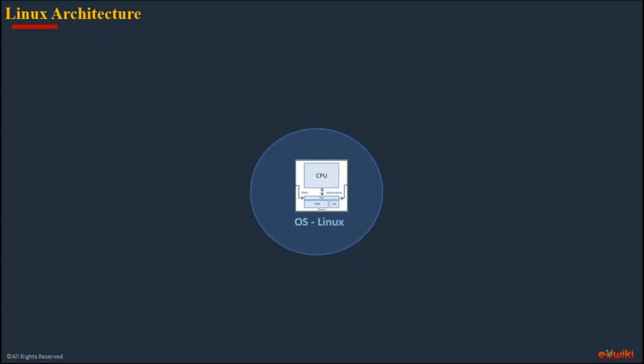When people are designing or developing this Linux operating system, the developers develop this OS as multiple pieces of software. I mean to say, Linux is not just one single software.